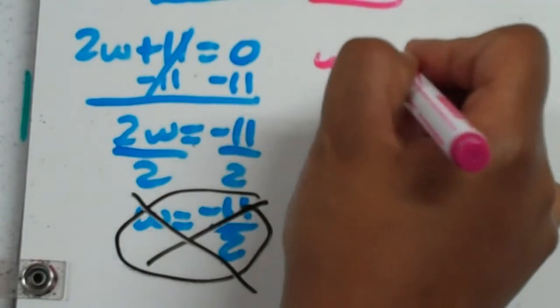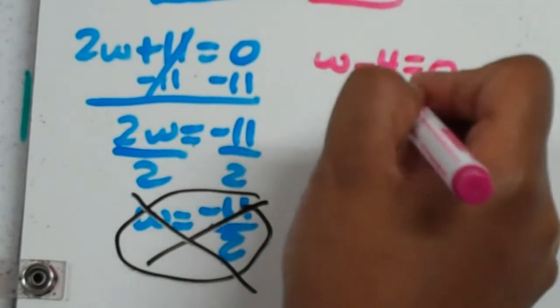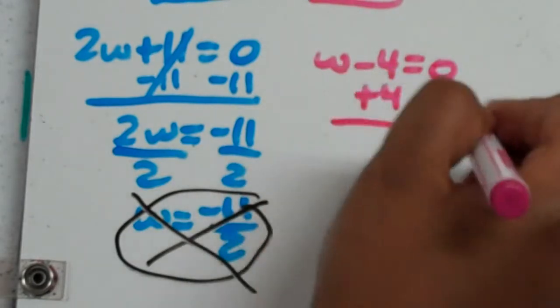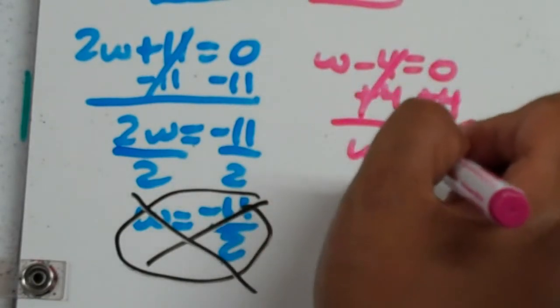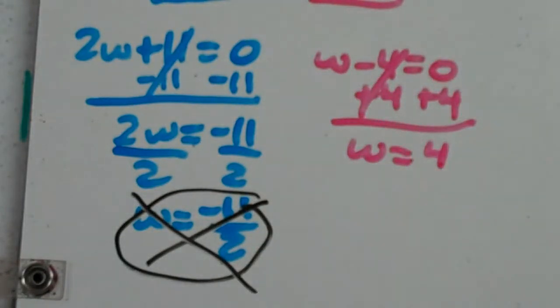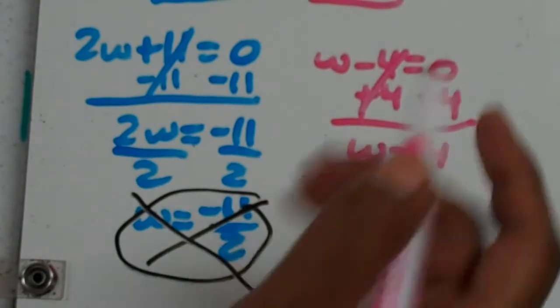So we have W minus 4, set that equal to 0. Add 4 to both sides. This cancels. W is equal to 4. So our width is equal to 4 inches.